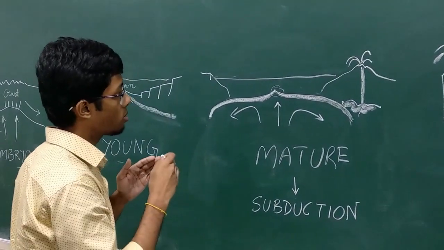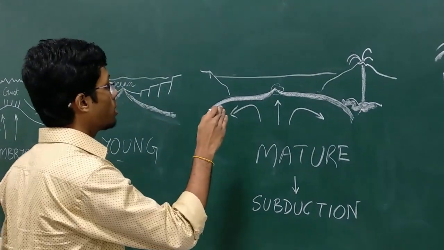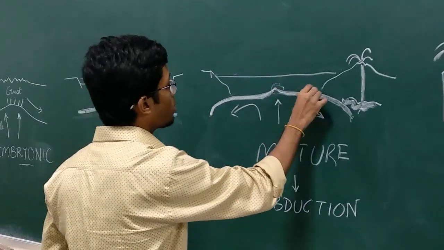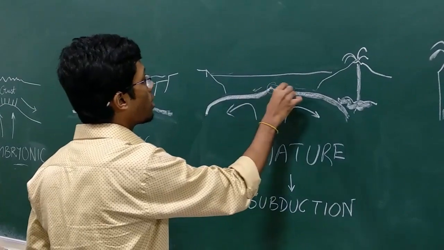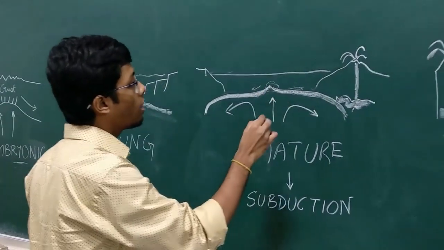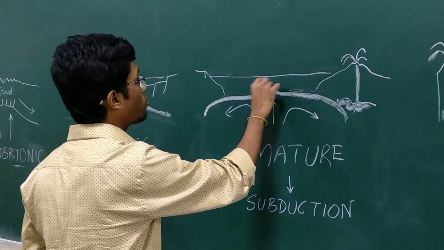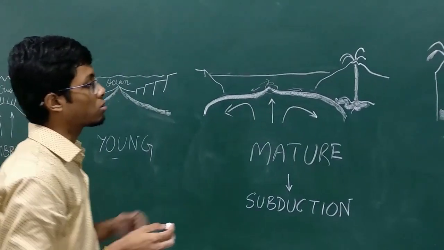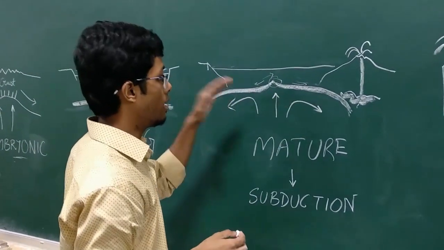Further, as this process continues, away from the point of upwelling we have the old oceanic crust, and as we move towards there, we have the new oceanic crust. So the old oceanic crust is much denser.